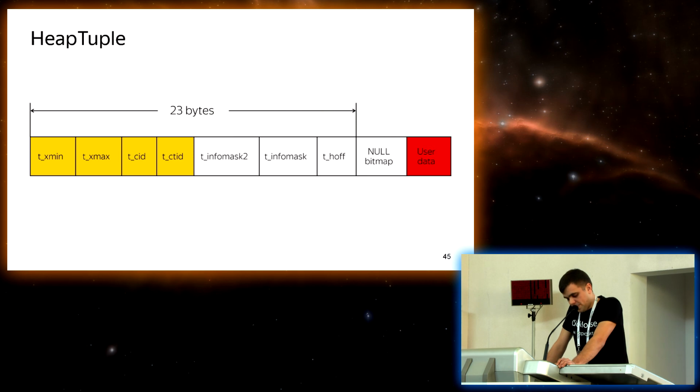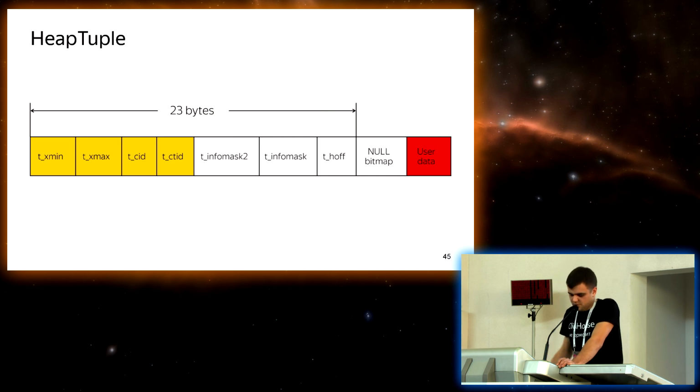So this is the schematic structure of the line. It has a header. Xmin, Xmax fields are transaction numbers: the transaction that created the line and that deleted the line. CID is the ID of the command of the transaction that did something to this line.